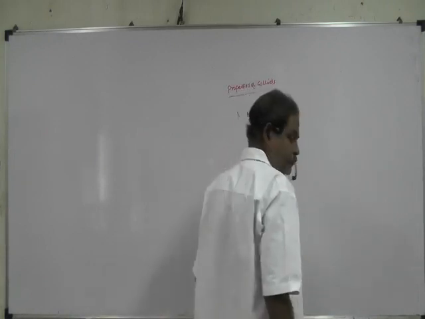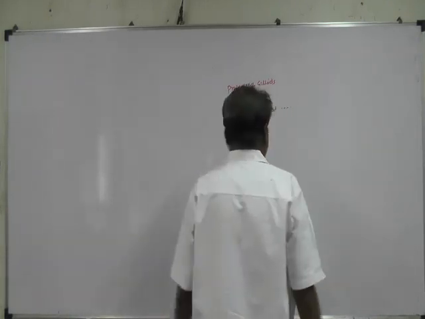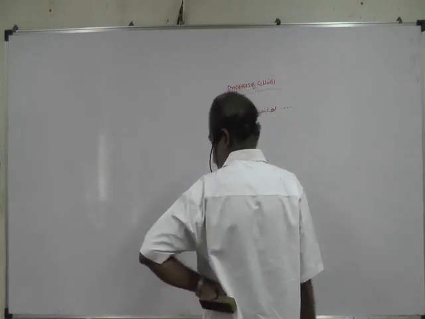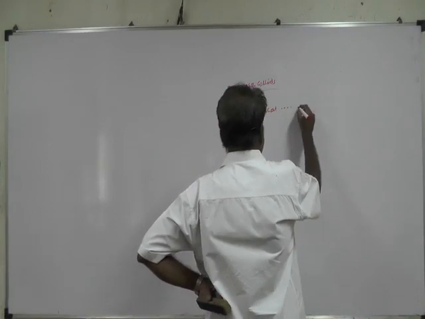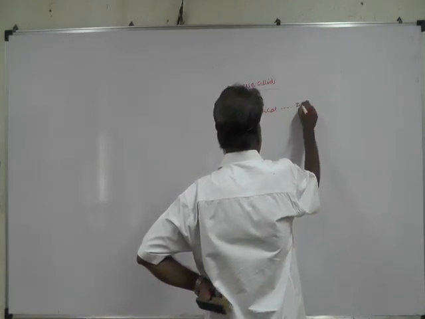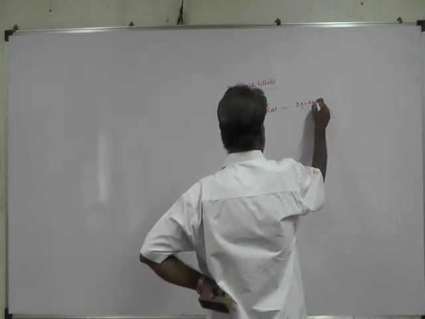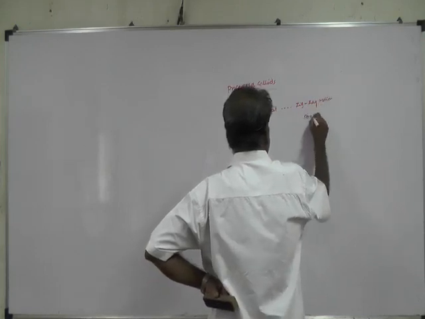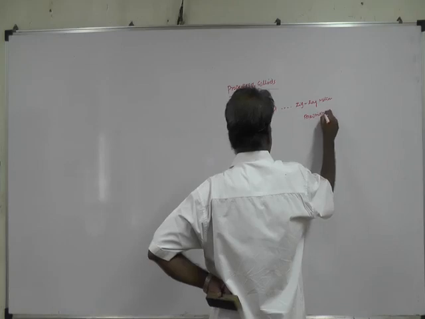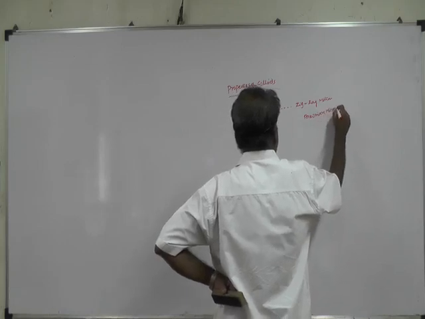Mechanical properties. What are they? Brownian movement, zigzag motion. Why is this important?